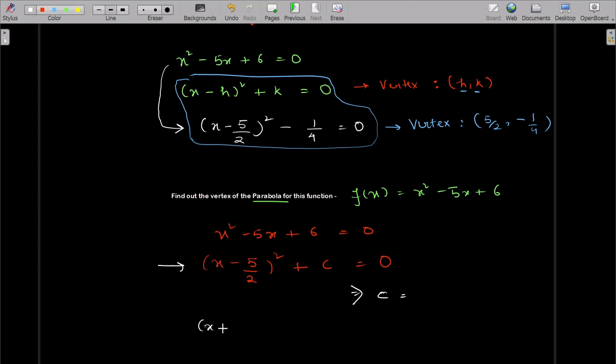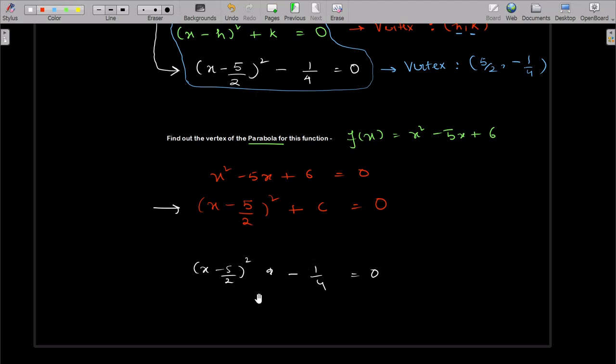So you got x minus 5 over 2 whole square minus 1/4 is equal to 0. You just have to compare these two equations and tell the value of c.